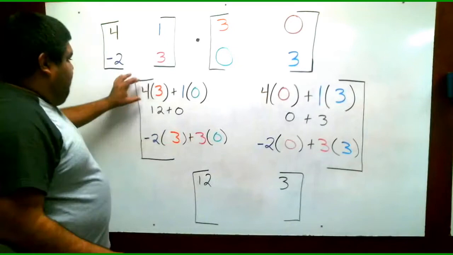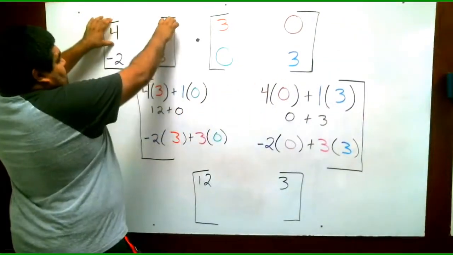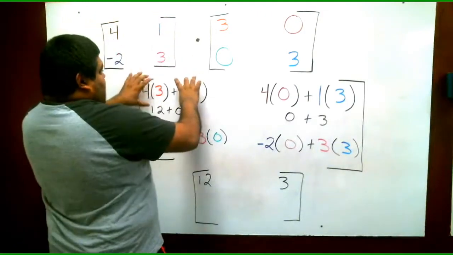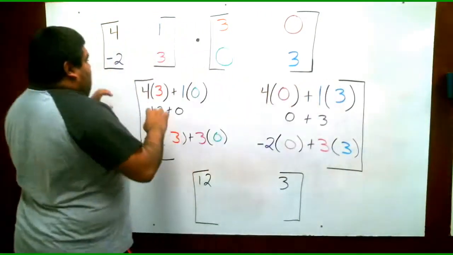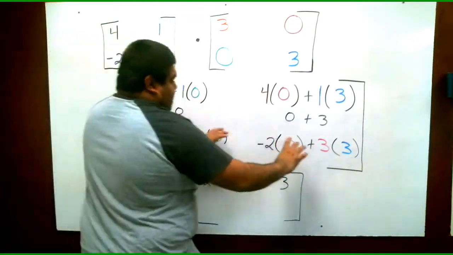So notice how we have the 4, the 4, the 1, the 1. The 4 and the 1 got put here, and then the 4 and the 1 got put here. The negative 2 and the 3 got put here, and here.